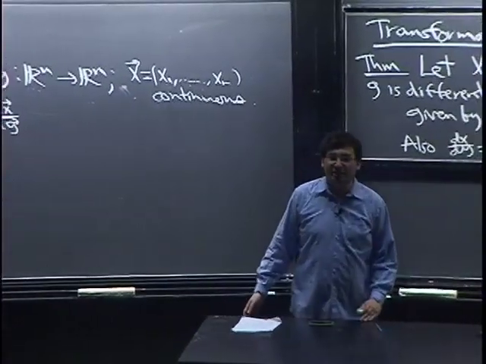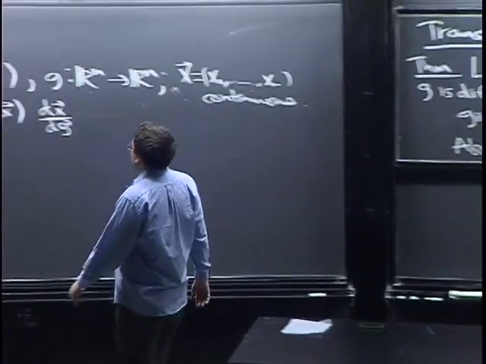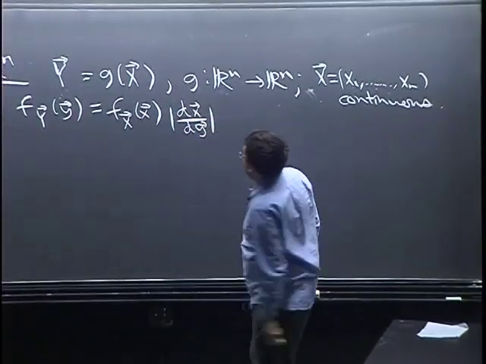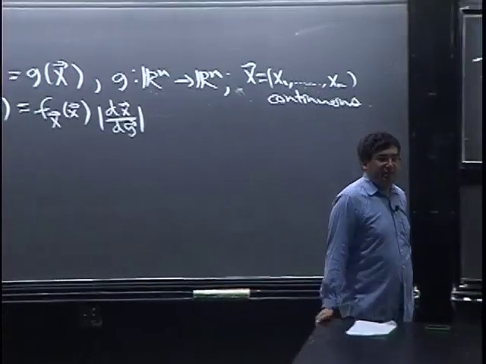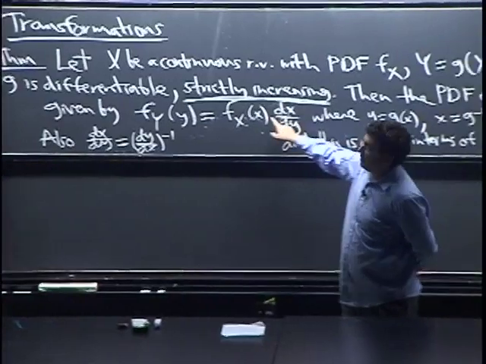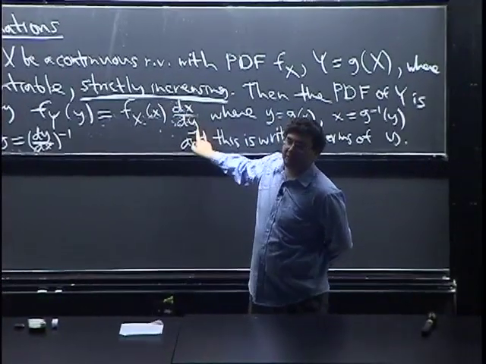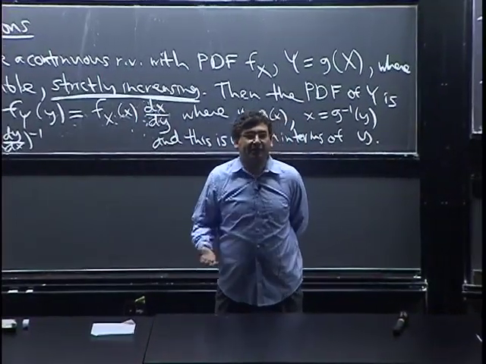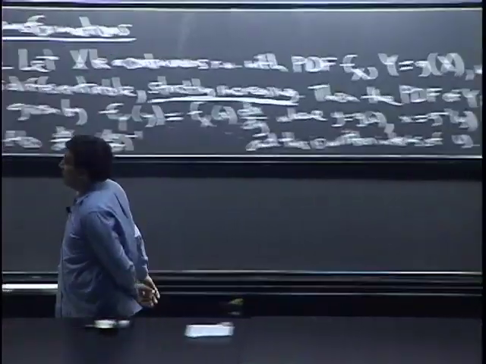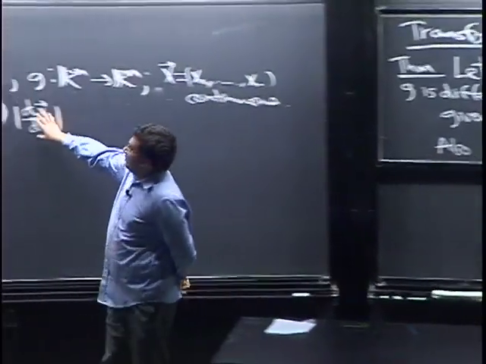What does that actually mean? Well, actually we want to put absolute value symbols around it. By the way, if this function were strictly decreasing, we could do the same thing just by sticking absolute values in here. If we forgot the absolute values, we're going to get a negative PDF, which makes no sense. All right, so I just have to tell you what this thing means.